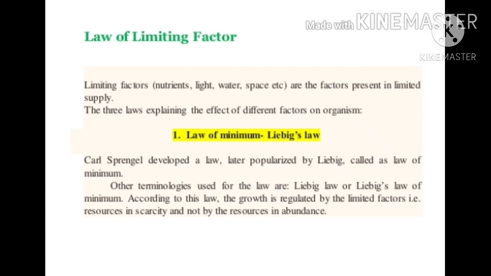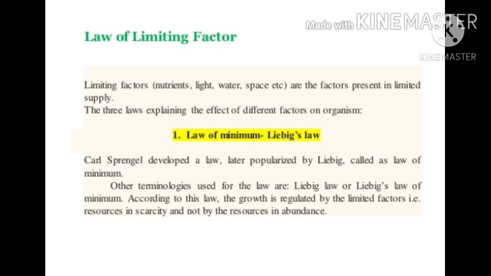When a chemical process or a biological process is controlled by several factors, the rate or pace of that particular process is determined by the factor which is nearest to the minimal value, and that is known as Blackman's law of limiting factor. Okay, in that sense, it is very similar to Blackman's law of limiting factor.